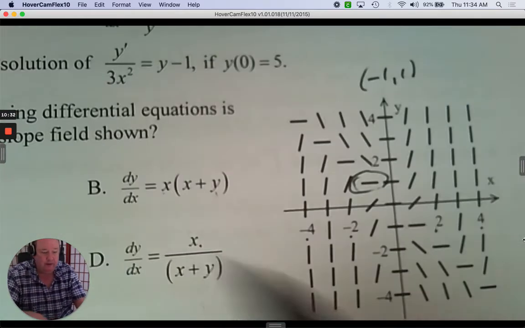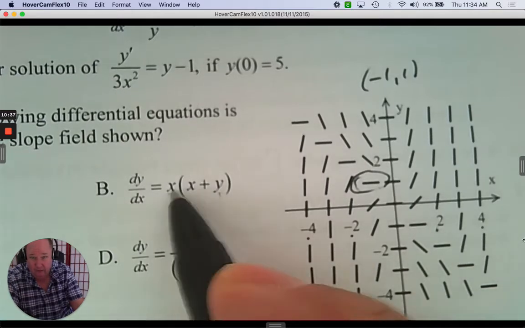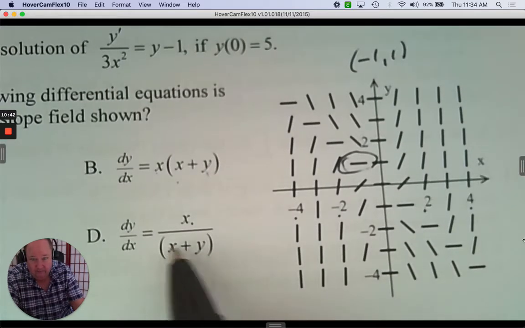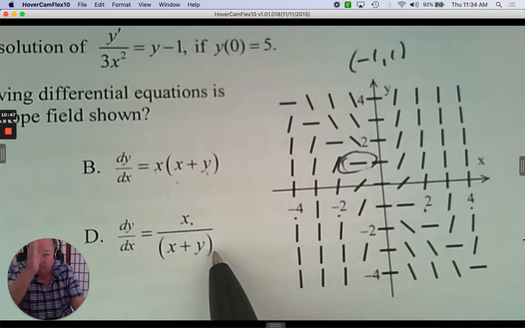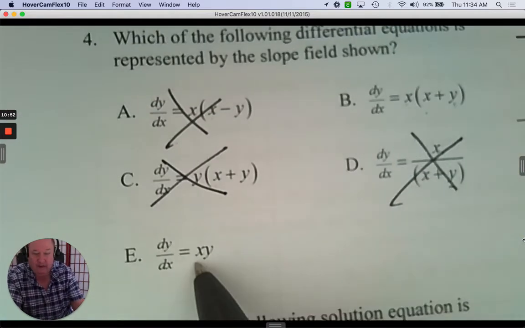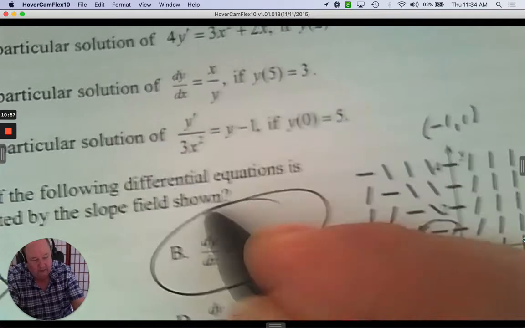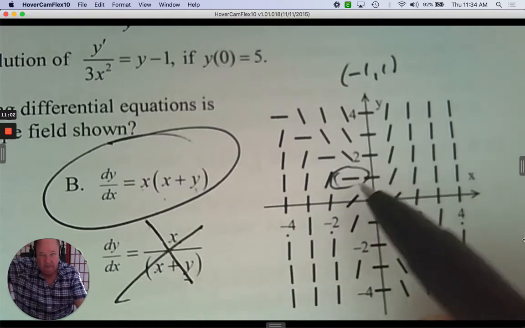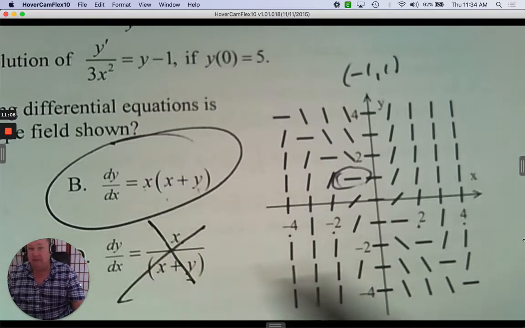How about here? -1 plus 1 is 0 times x, so that's okay. Here, -1 plus 1 would be 0, but it's in the denominator. Therefore, that would be a vertical line. It would be undefined, the slope. Nope. And then -1 times 1 is -1. So what's the only diffie q that matches? You could try other points to test them out, but that's the one left standing. So the answer to number 4 is B.